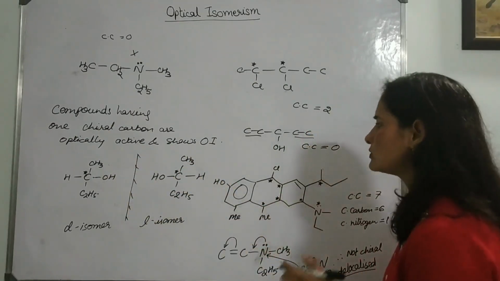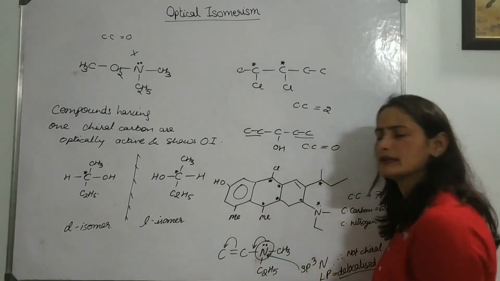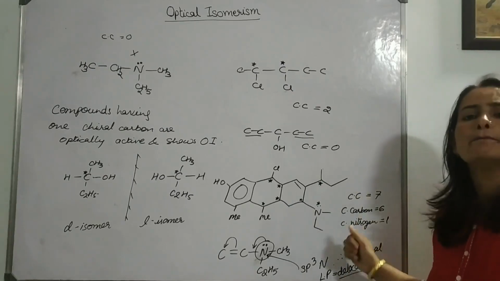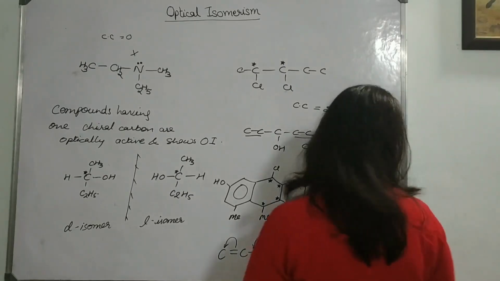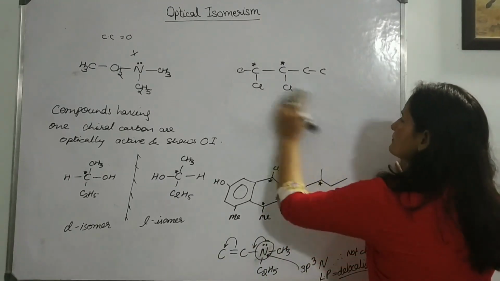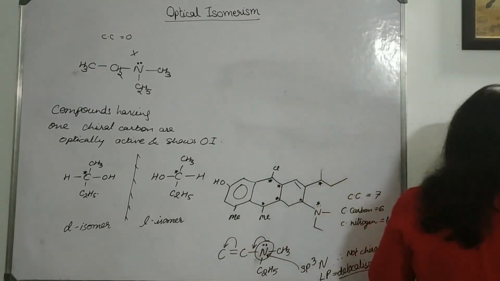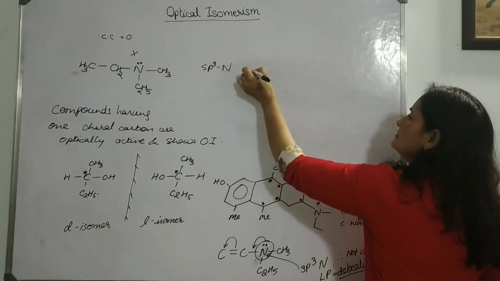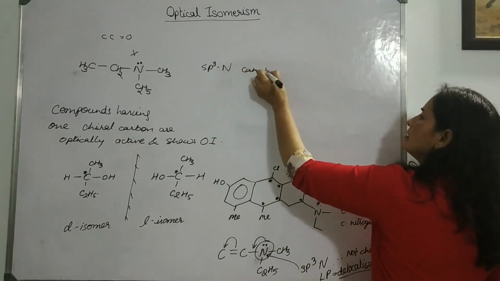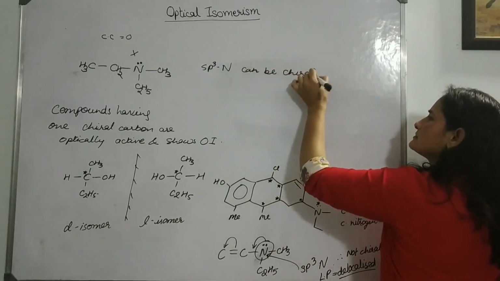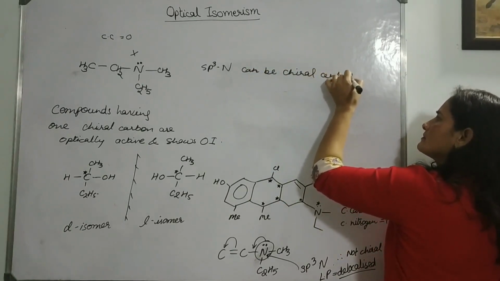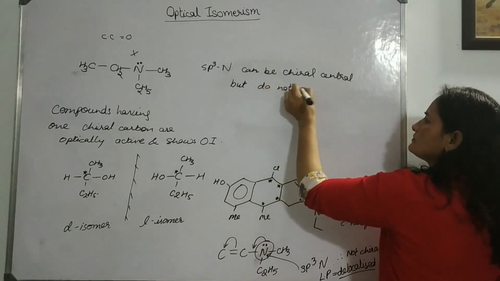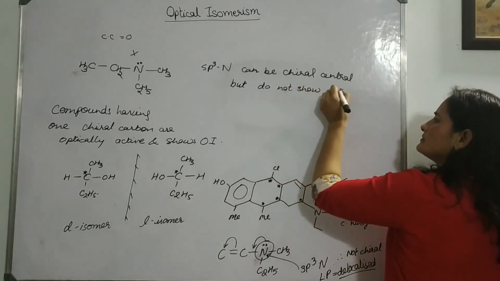Okay? Now, one more thing very important regarding the nitrogen, because we have seen nitrogen can also be chiral in nature. But nitrogen, okay, I'll give you in writing. Nitrogen, sp3 nitrogen can be a chiral center, but does not show optical isomerism.